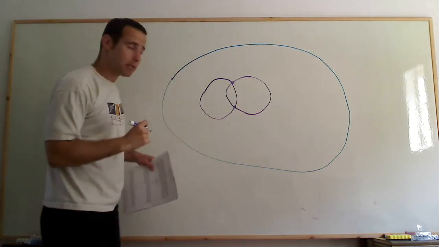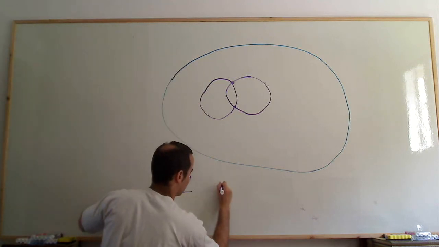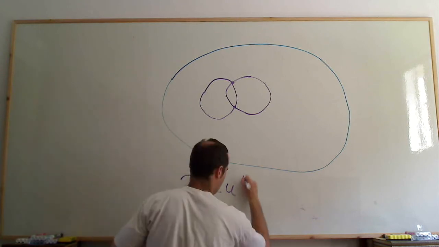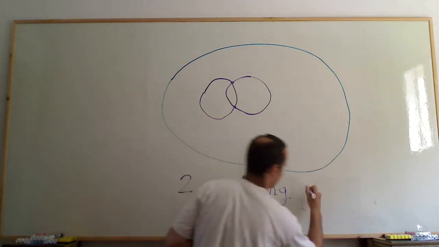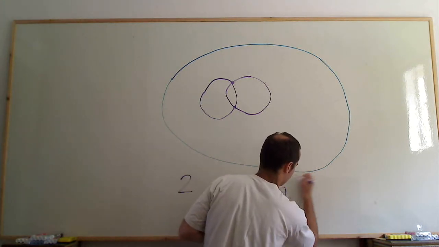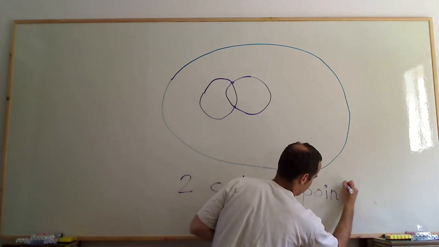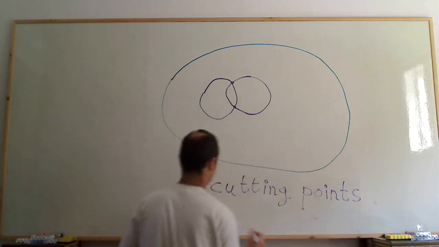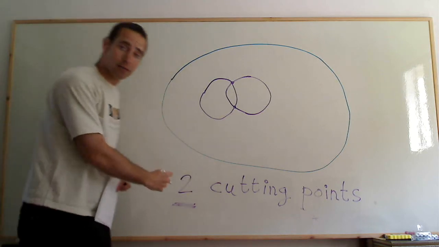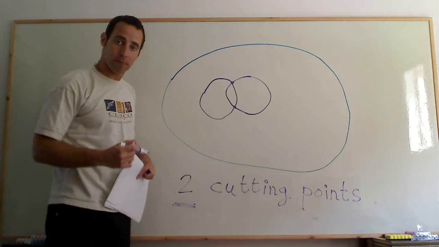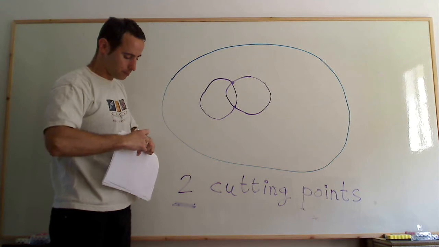Okay, so the other option is 2 cutting points. So before we had 0 cutting points, now we have 2 cutting points, because if we went in, we need to go out for this to be closed and this to be closed. Okay.